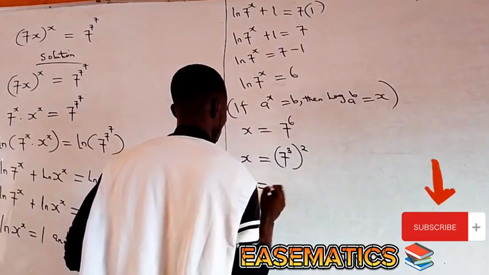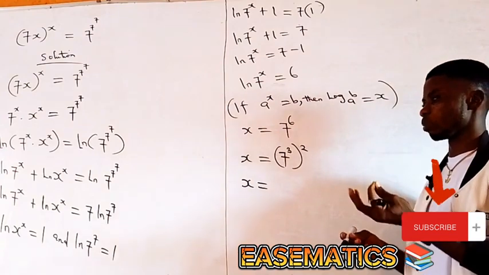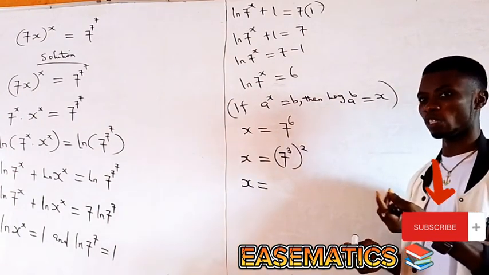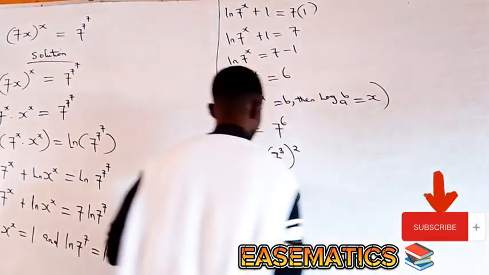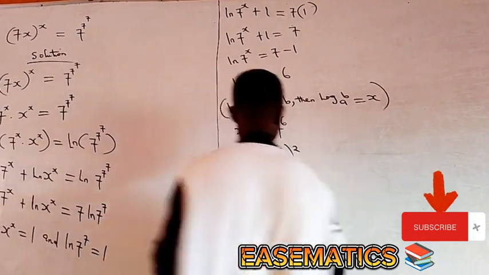And having written this in this form, what is 7 to the power of 3? That is 7 multiplied by 7, which is 49, and 49 multiplied by 7 gives 343. So this is going to be 343 squared.